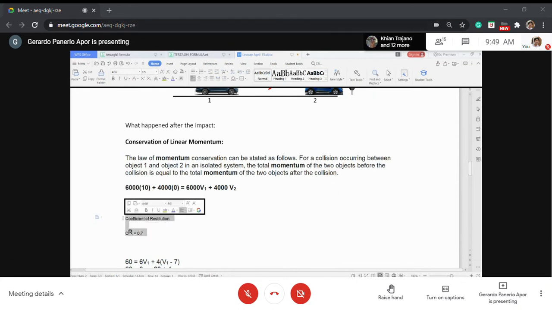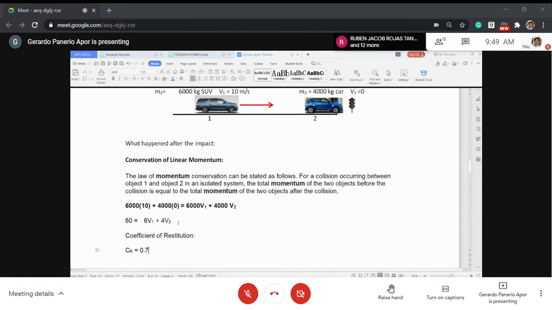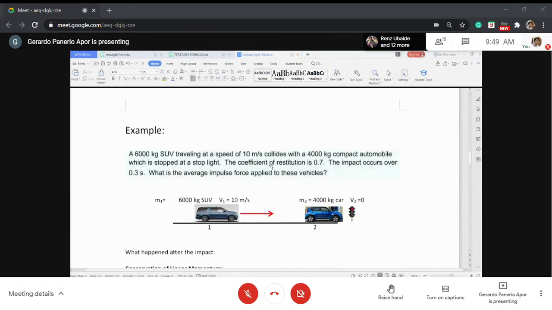Why do we say coefficient of restitution? Because the problem says the coefficient of restitution is 0.7.